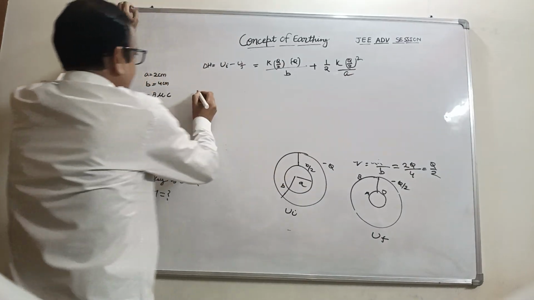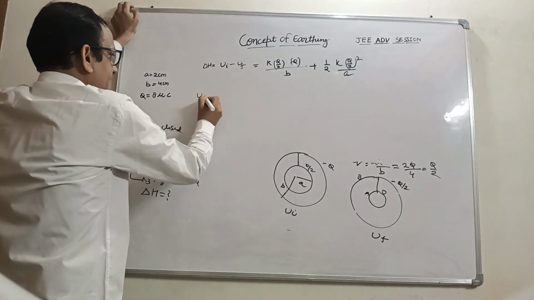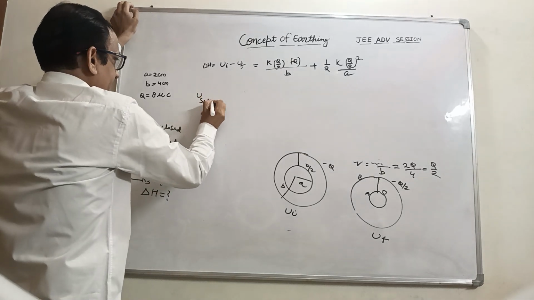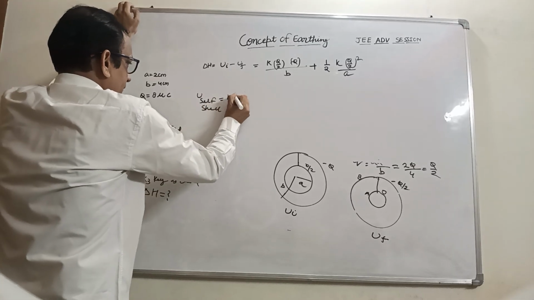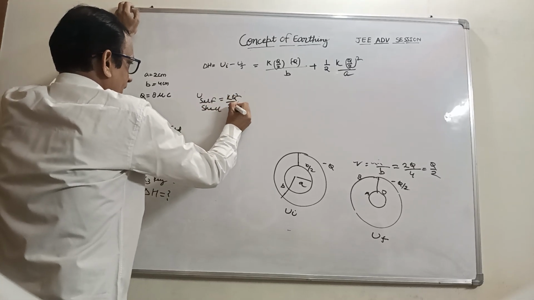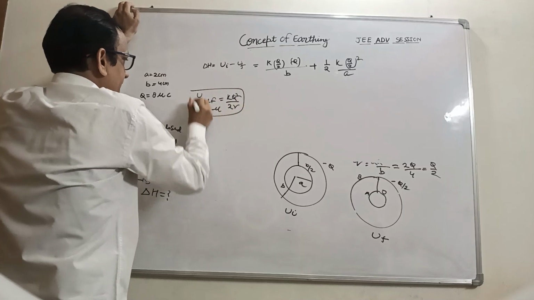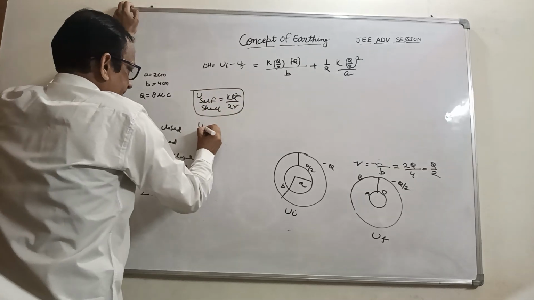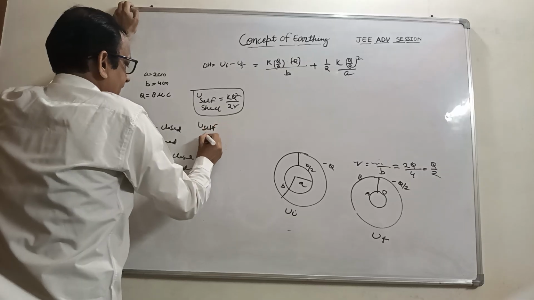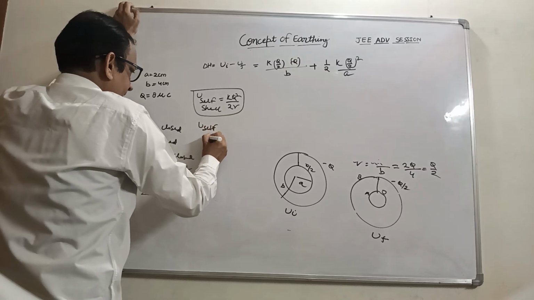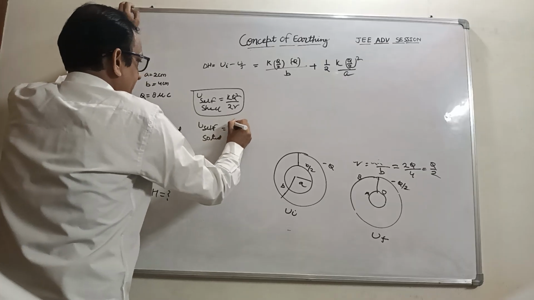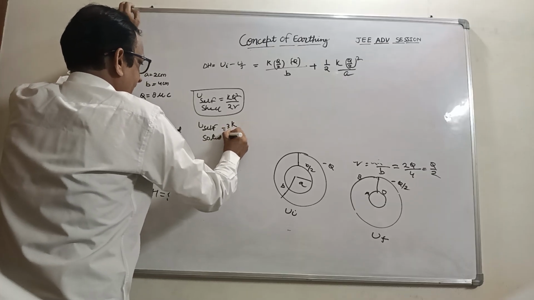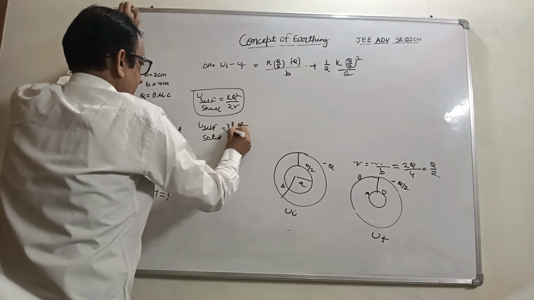We know the self energy of a shell is k q square by 2r. This is the self energy of the shell. And for a solid sphere, this would be 3 by 5 k q square upon r.